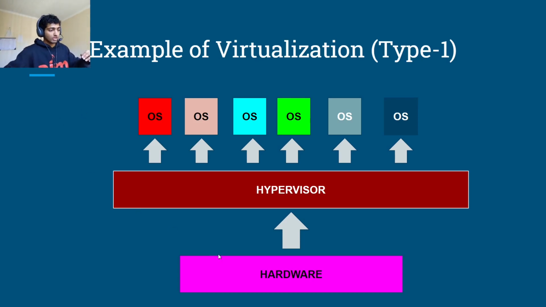If we look at the diagram here, there's the hardware at the bottommost layer. Above that is the hypervisor. The hypervisor looks at the hardware and says, okay, the red OS, the red operating system in this case, will have 2 cores of CPU, 1 GB of RAM, and stuff like that. So the hypervisor is the middleman to allocate the operating system its resources.